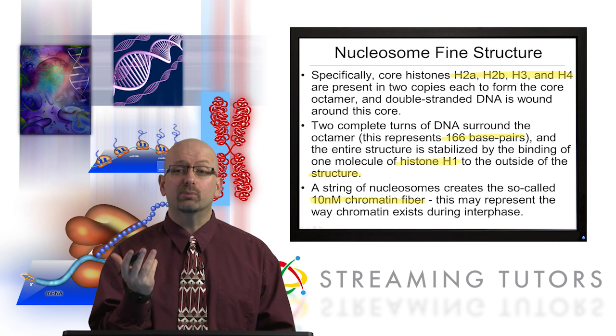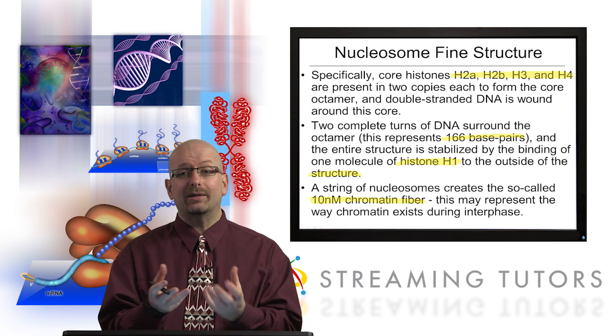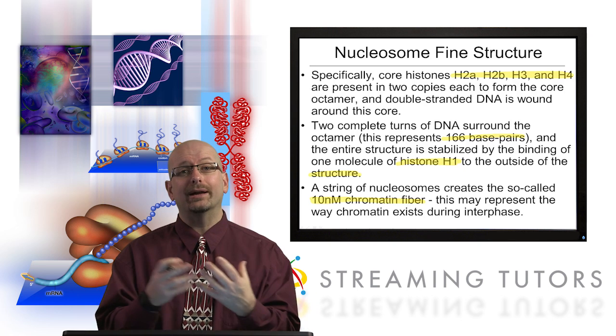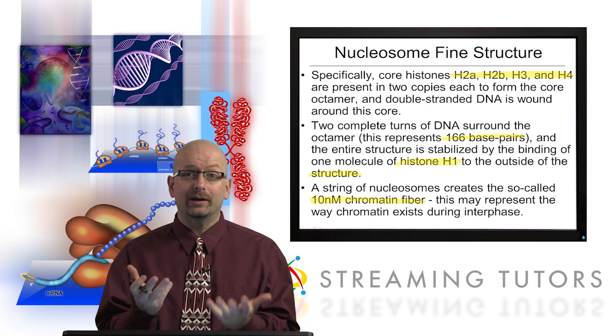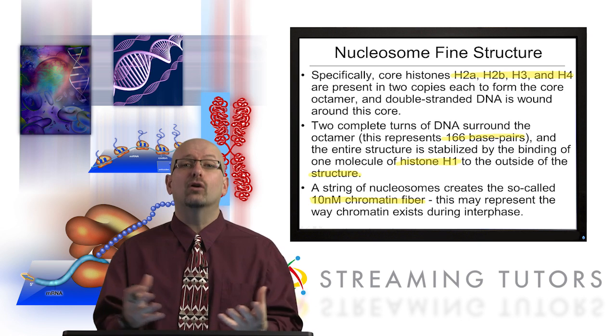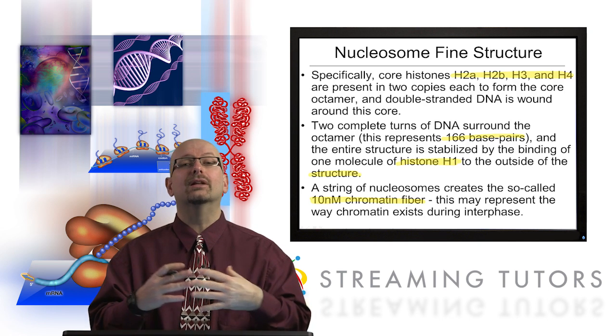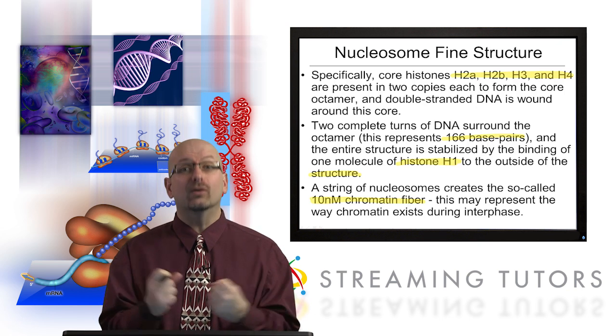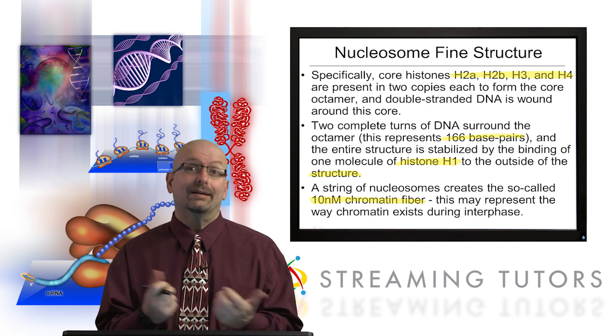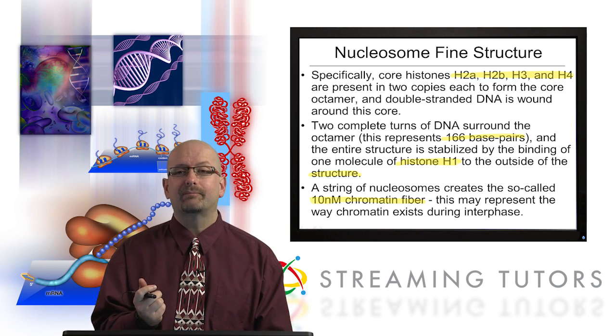And it's hard to prove, but this may represent the way that chromatin exists during interphase. So in other words, even during interphase, chromatin is all spread out. It's still complexed with histones. It's not literally totally spread out. There's some level of compaction there, so it can fit in the cell.